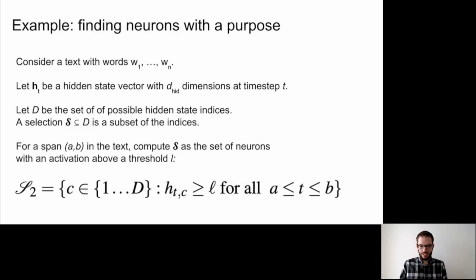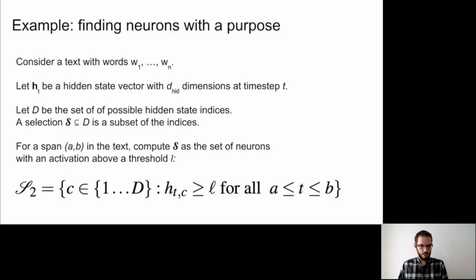Then, since we want to investigate whether neurons are activated throughout an entire span of text, we further define a tuple AB to be the span from the words W_A through W_B. We also need to define what it means for a neuron to be activated. To do so, we define a threshold L, which might be some floating point value, such that a neuron is activated if its value at a time step is above that threshold.